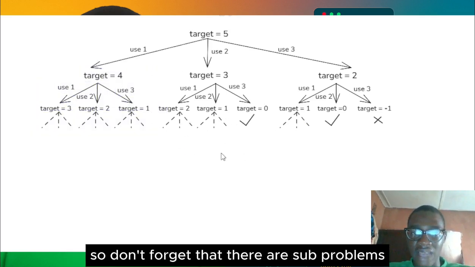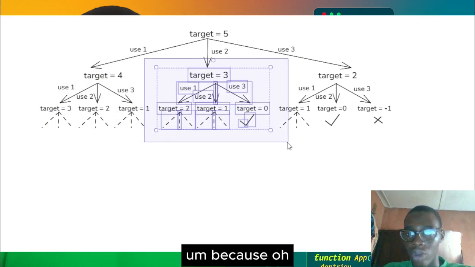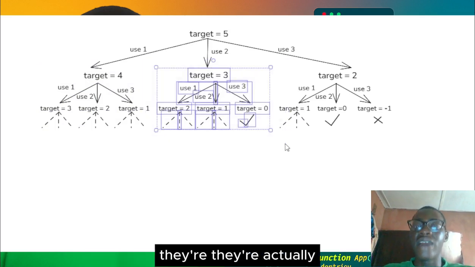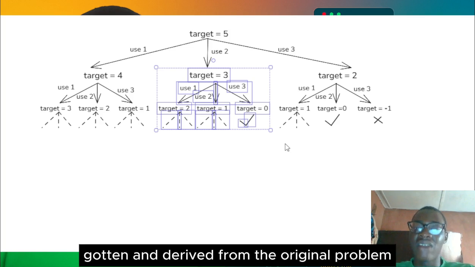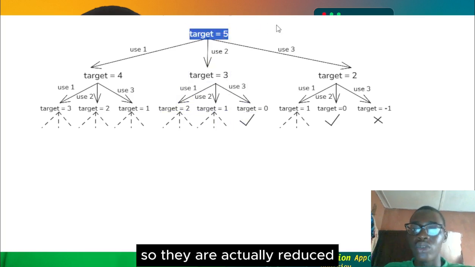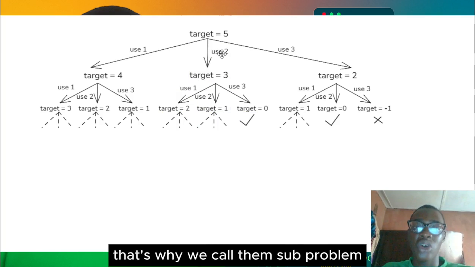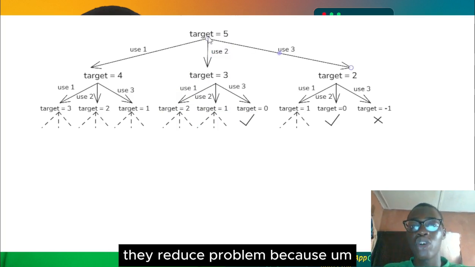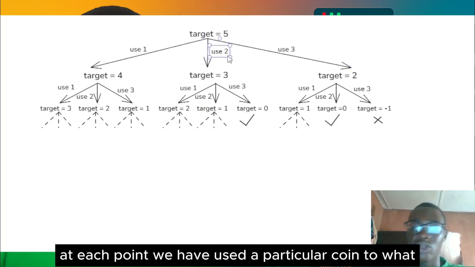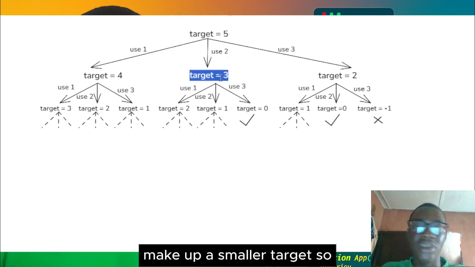Don't forget that they are subproblems because they are derived from the original problem, so they are reduced. That's why we call them subproblems, the reduced problem, because at each point we have used a particular coin to make up a smaller target.